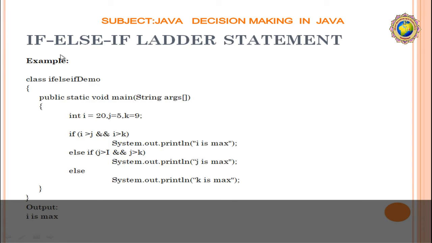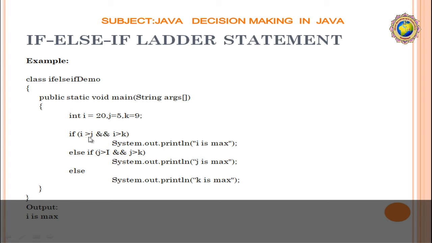Next, let's see an example of the if-else-if ladder statement. Here, in public static void main, integer i equal to 20, j equal to 5, k equal to 9. So if i greater than j and i greater than k, that is the logical AND condition, right?